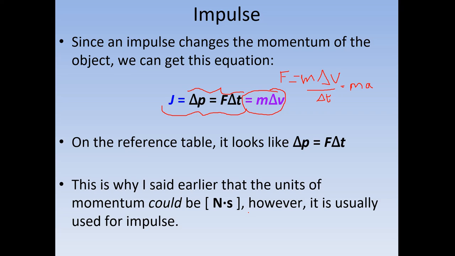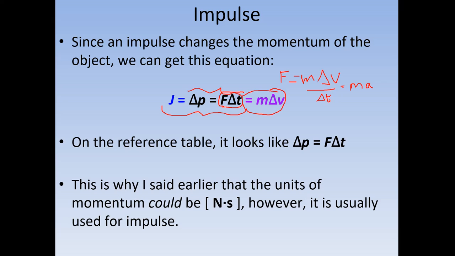Now, one thing I wanted to lead into is that this equation leads us into an extremely important aspect of this unit. When you go into a collision and your momentum changes by some amount, the amount of force you feel is related to how long you're in that collision.